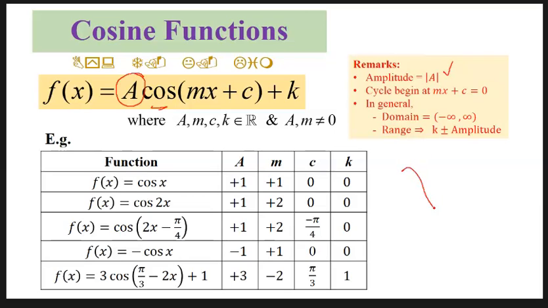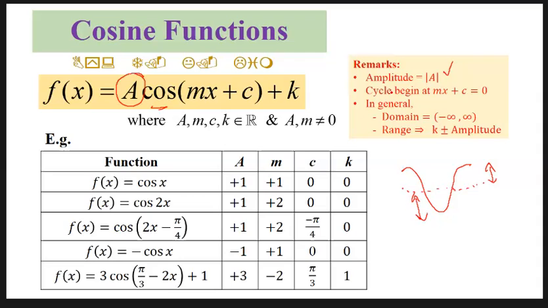If this is the shape of the cos graph, the length from this dotted line to this part of the graph is the amplitude, and likewise on the other side. Both sine and cos have the same shape of graph, the sinusoidal graph.